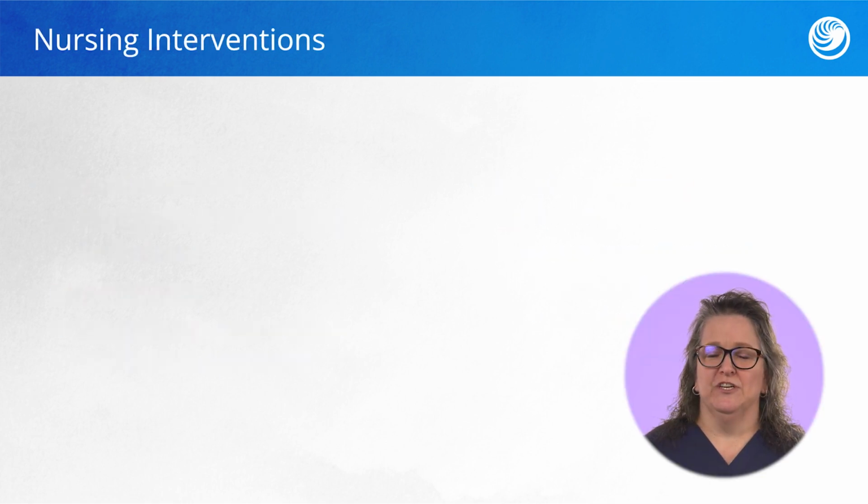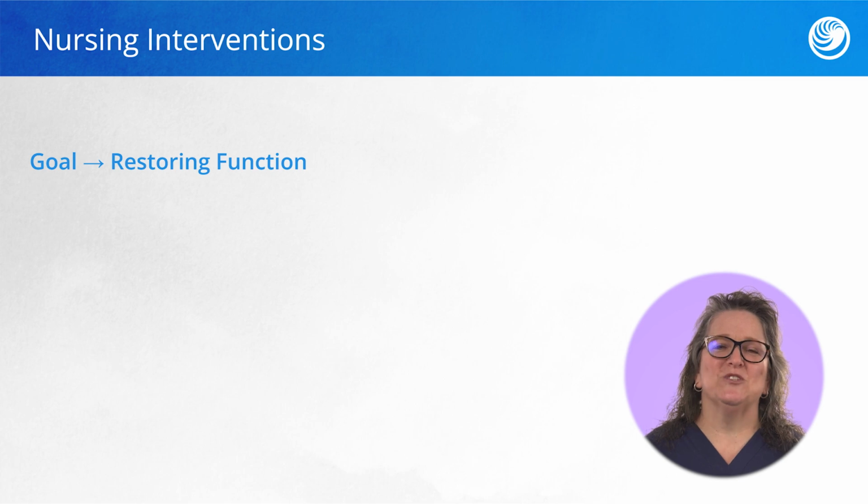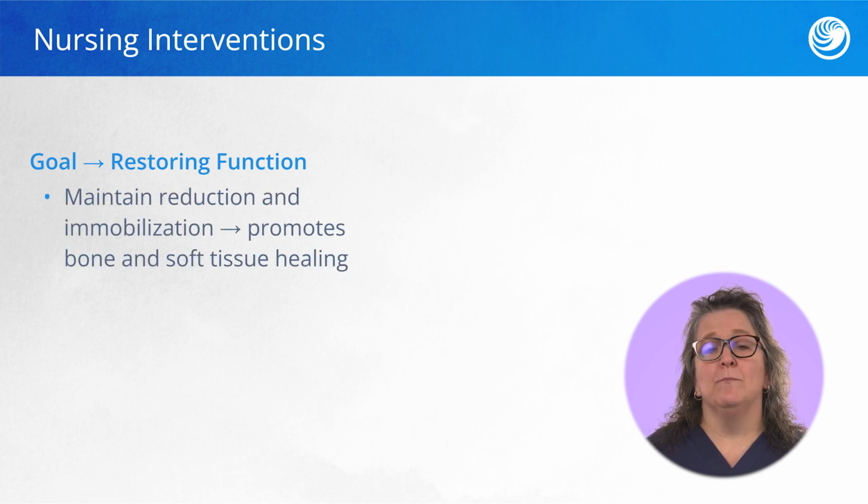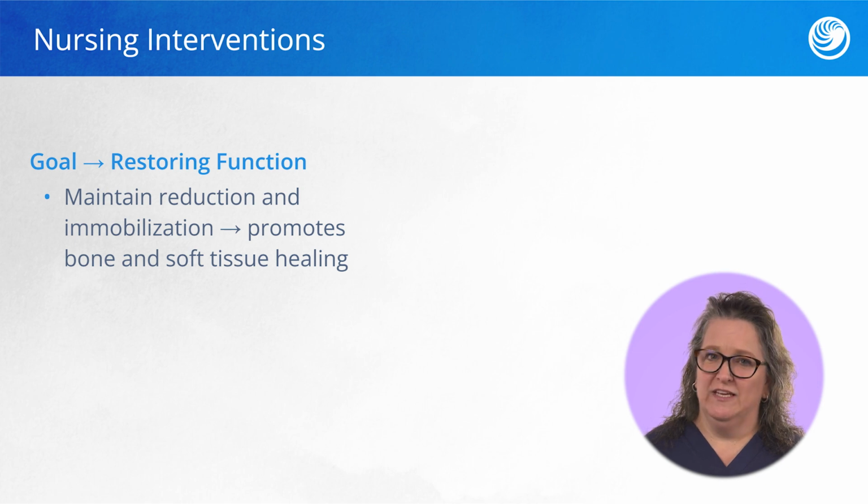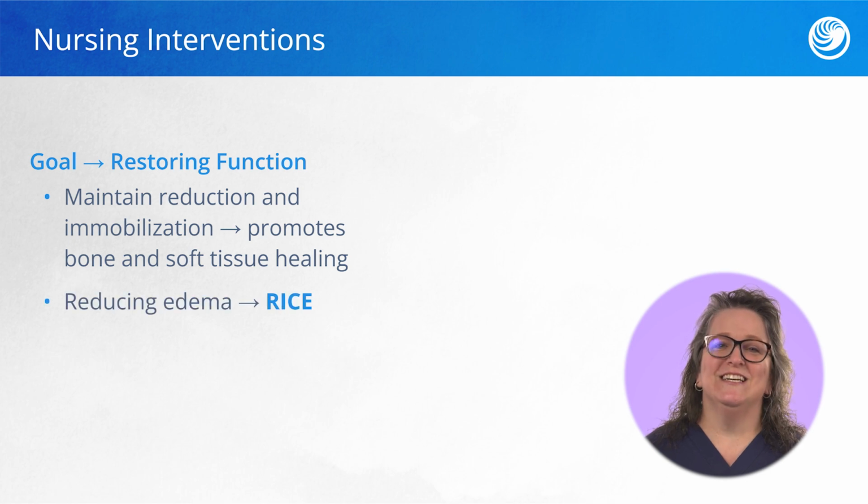Nursing interventions. Our goal is to restore function and prevent complication. We want to maintain reduction and immobilization of a fracture to promote bone and soft tissue healing. This will include positioning and monitoring any areas of skin breakdown with any immobilization devices. Reducing edema.